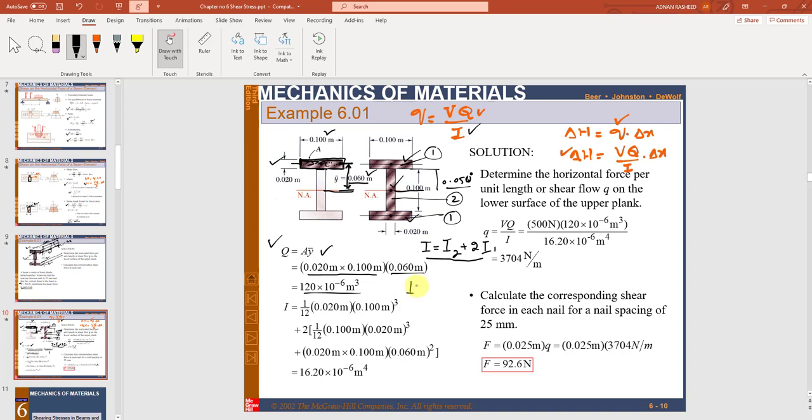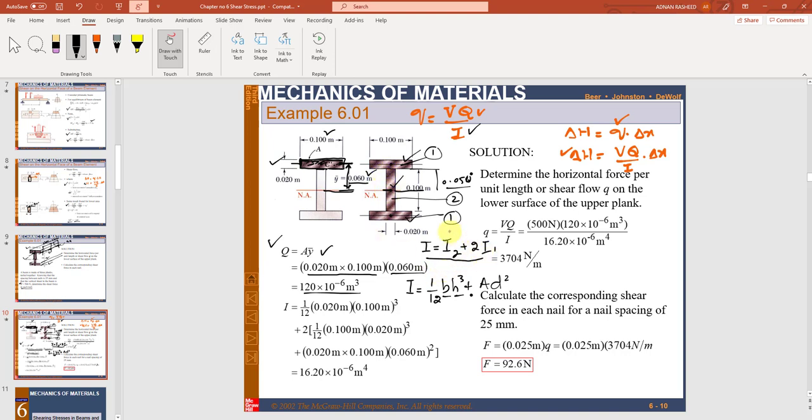Also you know that moment of inertia for a rectangular section is equal to 1/12 BH cube plus AD square. Now B is breadth, H is height, A is the area of that section, and D is the distance from neutral axis to the section centroid.